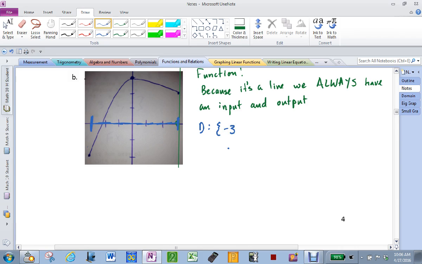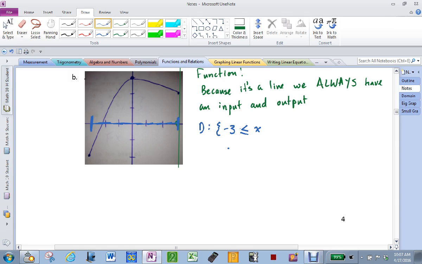Can I have every single number now? Is it possible to write every single number? No. So we write that. Negative 3 has to be less than or equal to x, doesn't it? Because negative 3 is the lowest I can go. All my numbers are going to be bigger than negative 3. Why did I put an equal sign there? Who remembers grade 9?